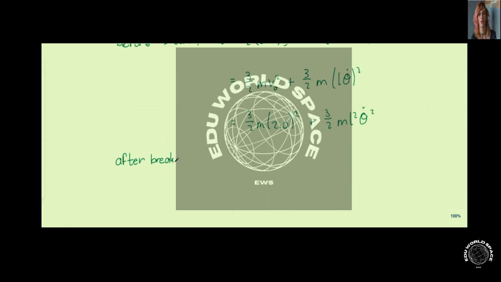After the break, we have kinetic energy T. Our final kinetic energy T is equal to a half m vA squared plus a half m vB squared plus a half m vC squared.